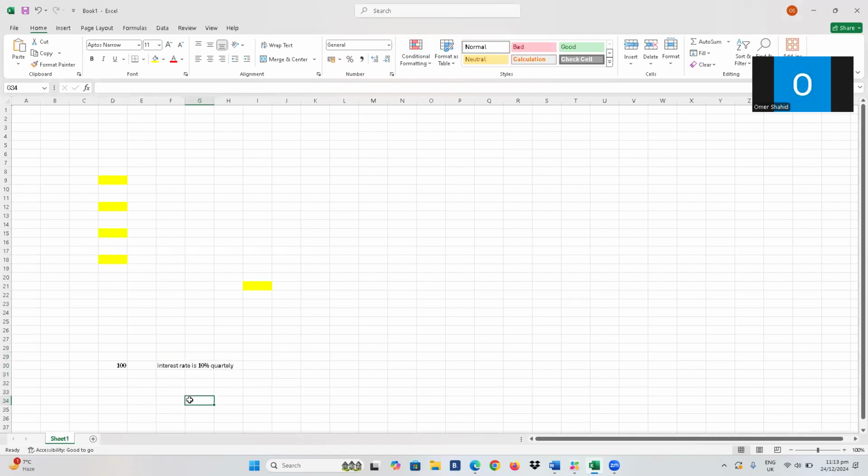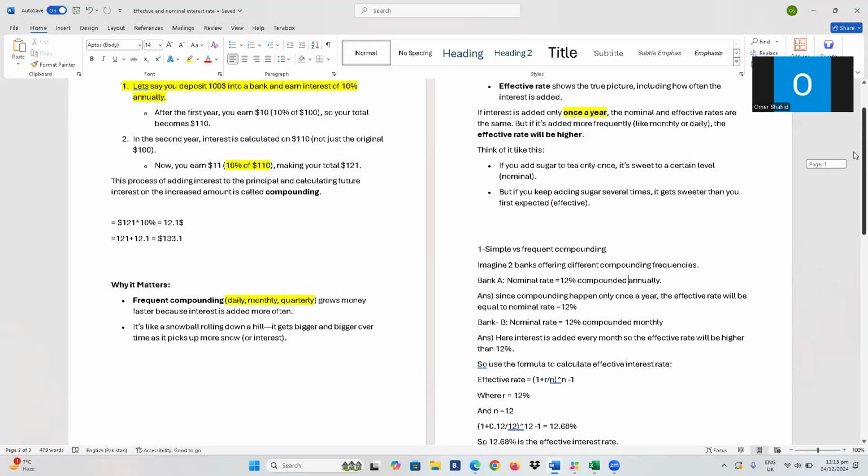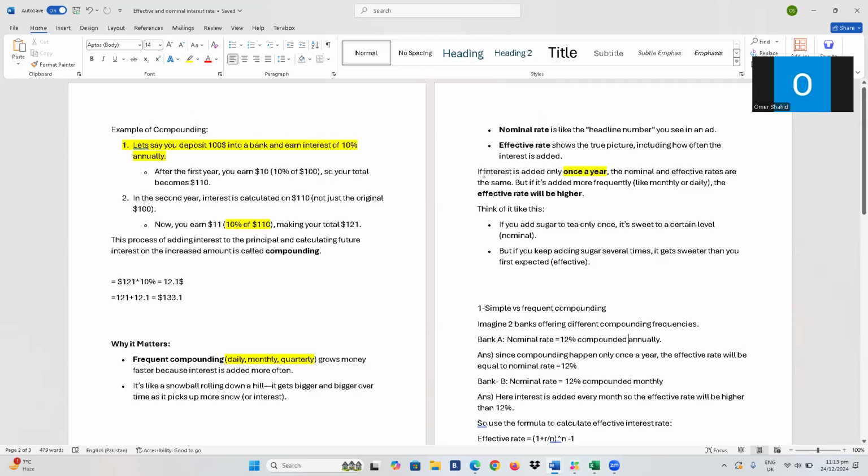What does it mean? I just told you that if your interest is calculated or added more than once a year, it is called the effective interest rate. But if it is added only once a year, that's our nominal rate. We just studied here: if interest is added only once a year, the nominal and effective rates are the same.